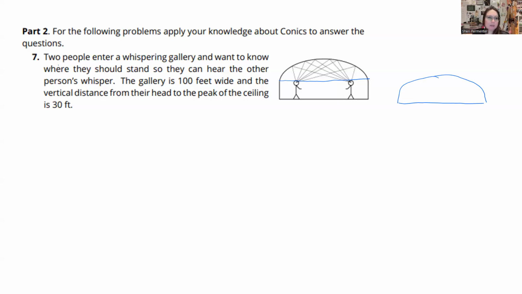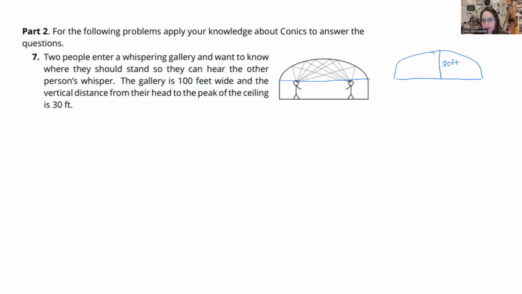But there's our semi-ellipse, and all this corresponds with this top half. So this is 30 feet, and we know that it's 100 feet wide.